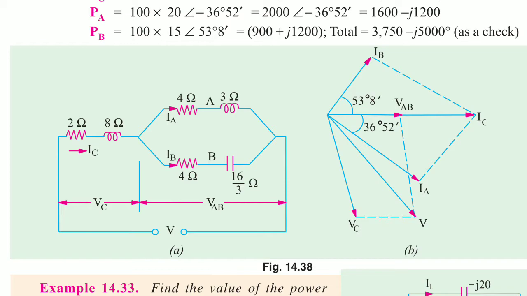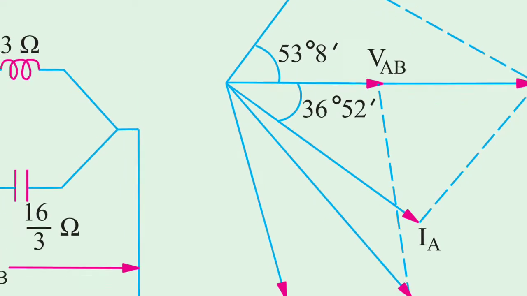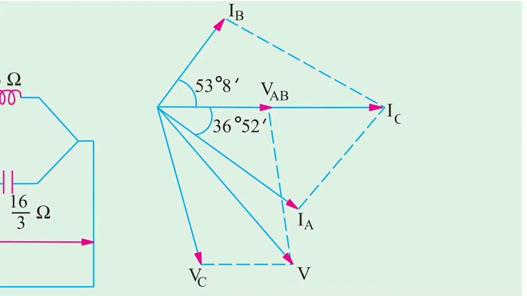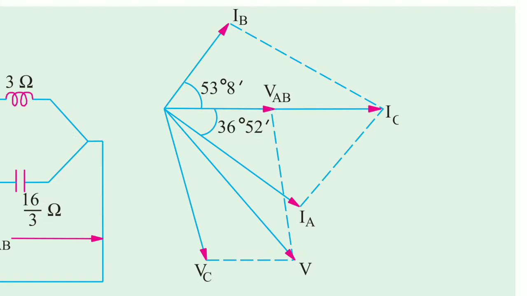So here it's showing the phasor diagram. Observe this one. V is the combination of VAB and VC, and IC is the combination of IB and IA. So this is the phasor diagram.